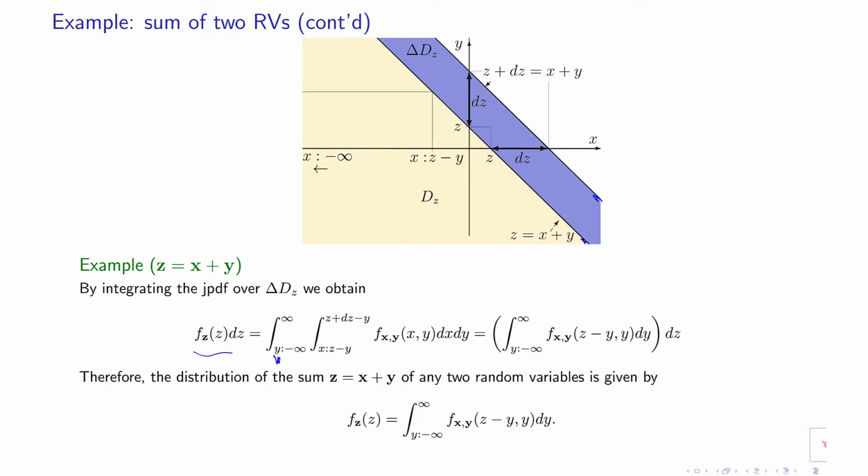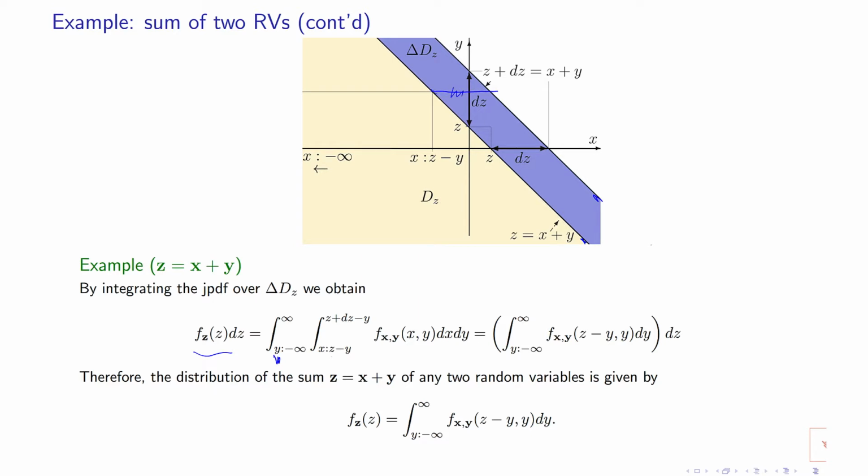So you define, if this dz is very small, let's say you are on this line.